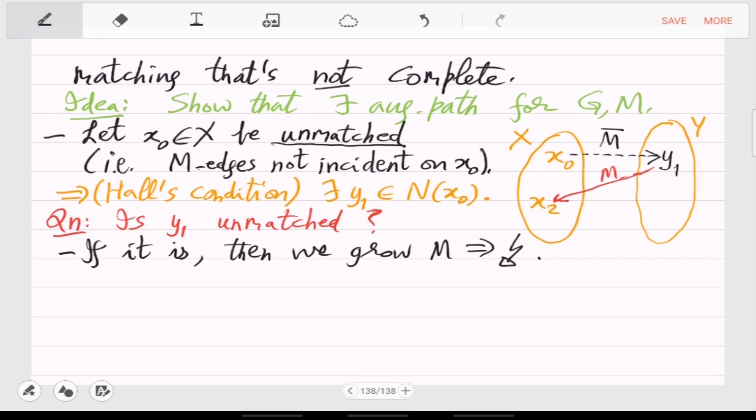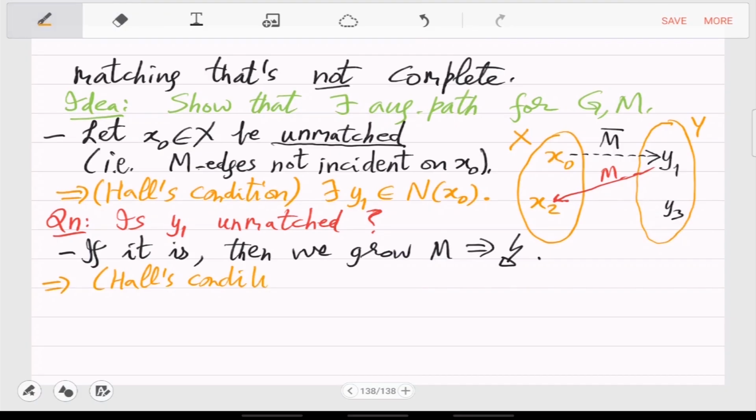So again, you use Hall's condition, and x0, x2 is now a doubleton instead of a singleton. So it has a neighborhood of at least 2 elements, and that will take you to y3. I should not draw this edge actually, this is not deduced yet.